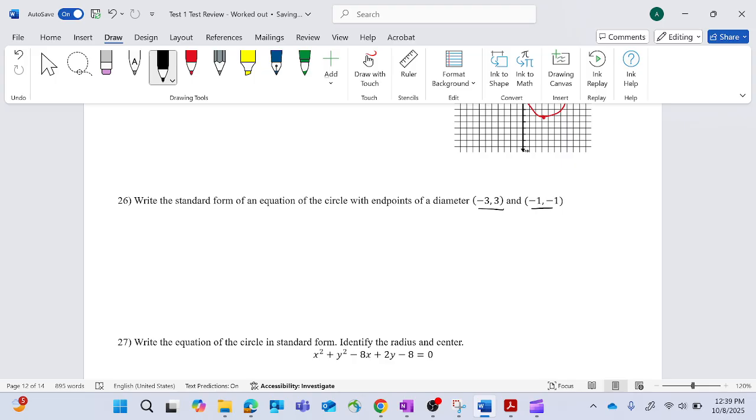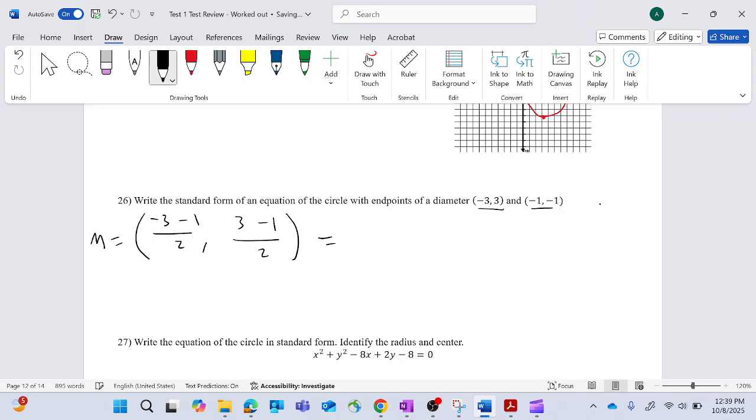So I use the midpoint formula. You can average out the x's, right? -3 minus 1 divided by 2, parentheses, 3 minus 1 divided by 2. Right, this is the midpoint formula. And I'm using the midpoint formula because the midpoint of a diameter is the center of the circle.